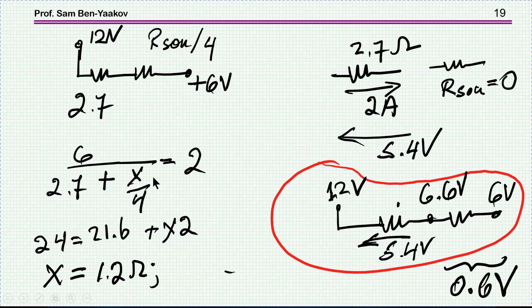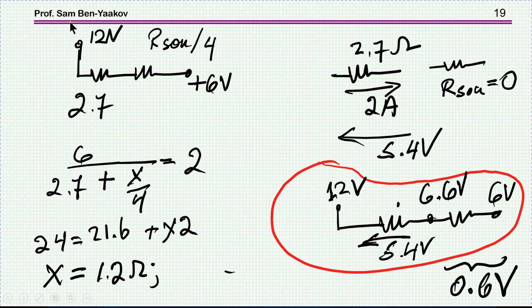Now, looking at a numerical case, suppose we have a 12 volt supply. This is the internal resistance. Here is the resistor divided by 4 because we have 4 transistors, and I'm now going to calculate what should be this resistance per transistor such that we'll really utilize the driver to the utmost value of 2 amp.